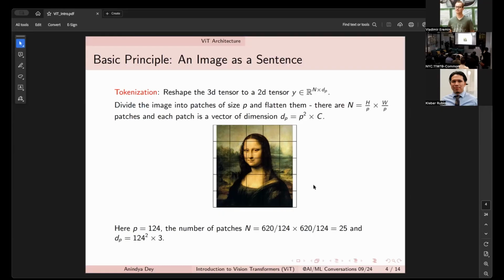For example, if you take p equals 124 in this case, the number of patches is 5 times 5, that's just 25. And the patch dimension is very large, 124 squared times c. Okay? Does this make sense, everyone?